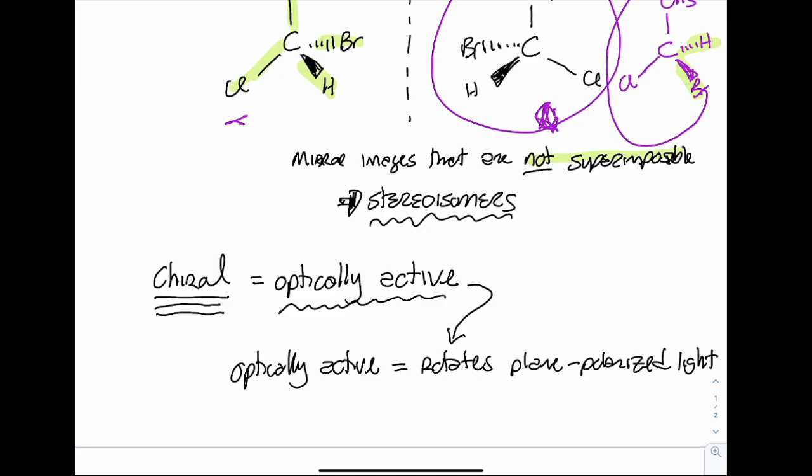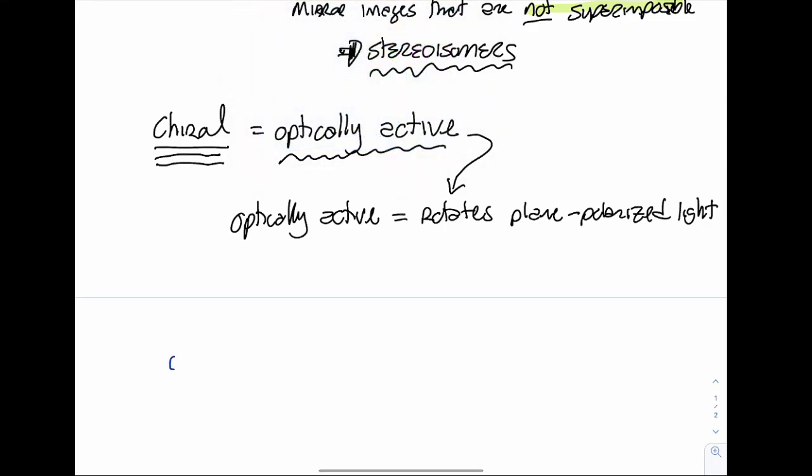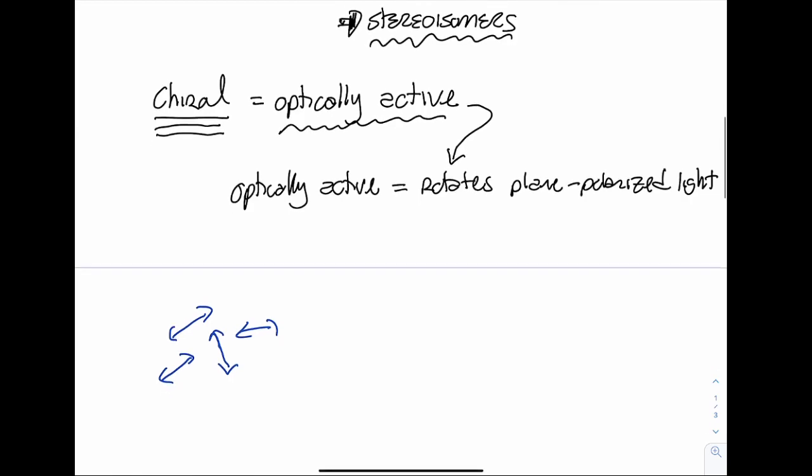What do I mean by that? So normal light goes in all sorts of directions. It's not oriented in any particular direction. So these are my light beams just going in all sorts of directions. If you polarize it, what that means is you're lining it up in one plane. So this is non-polarized light.